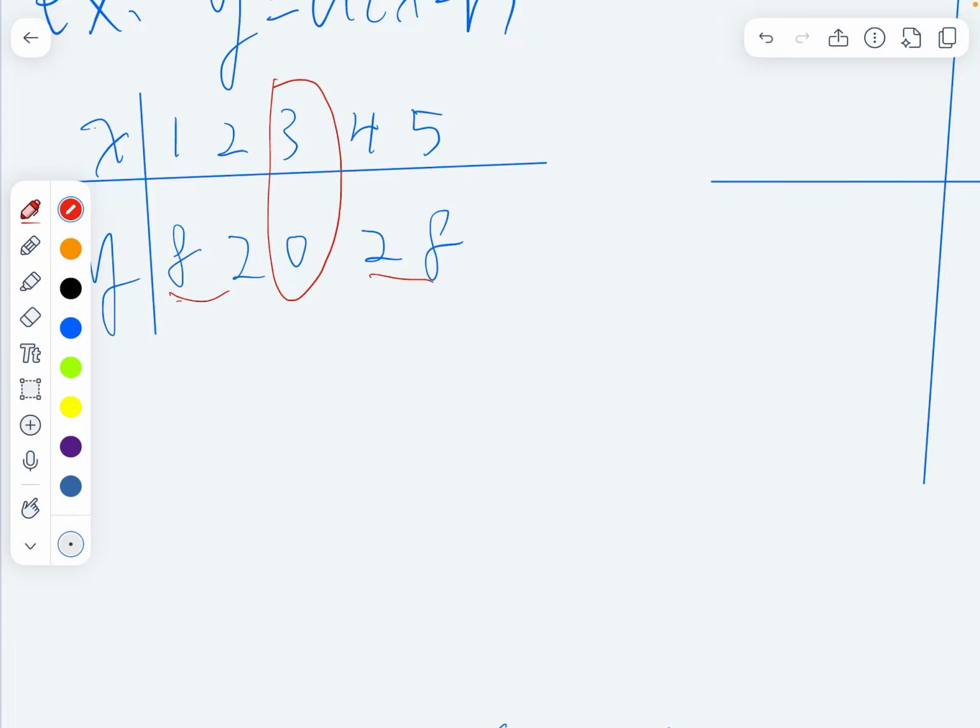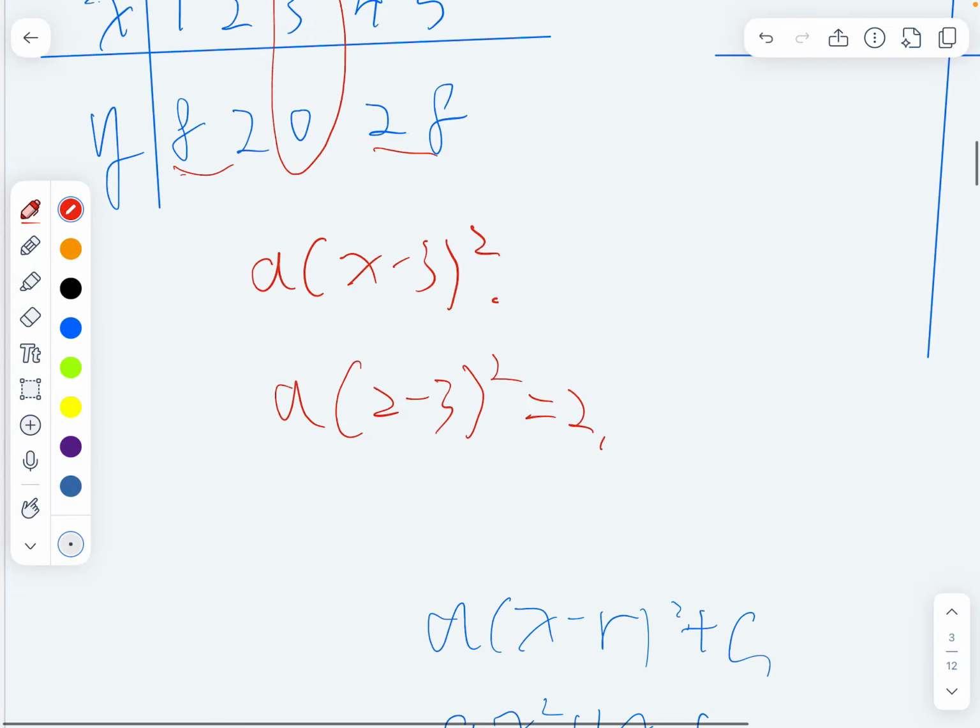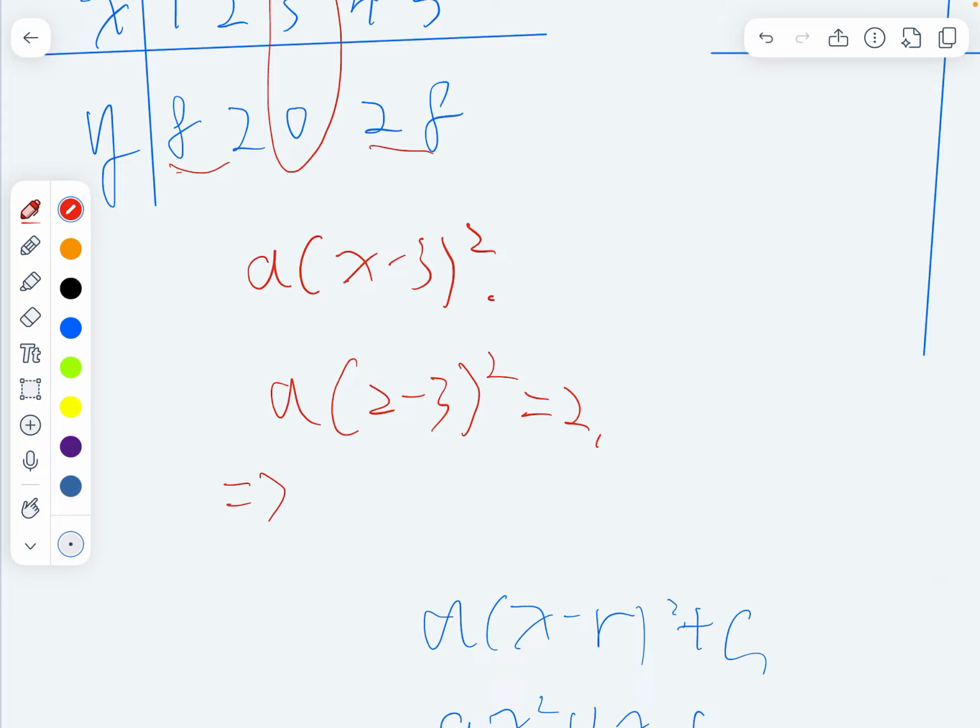So we can get the conclusion. Write out y = a(x minus 3) squared. Now we can plug in any point here. We can use the point (2, 2). So a times (2 minus 3) squared equals 2. So a equals 2.